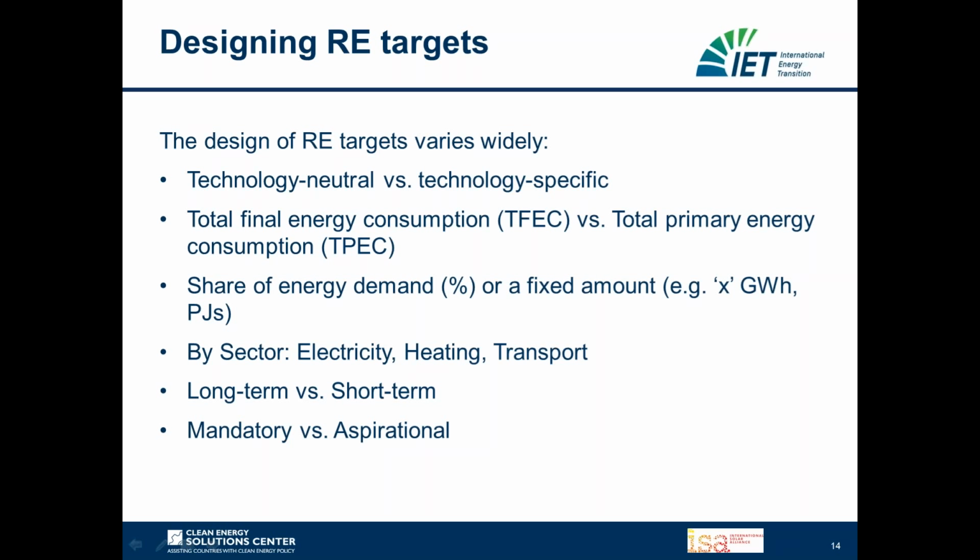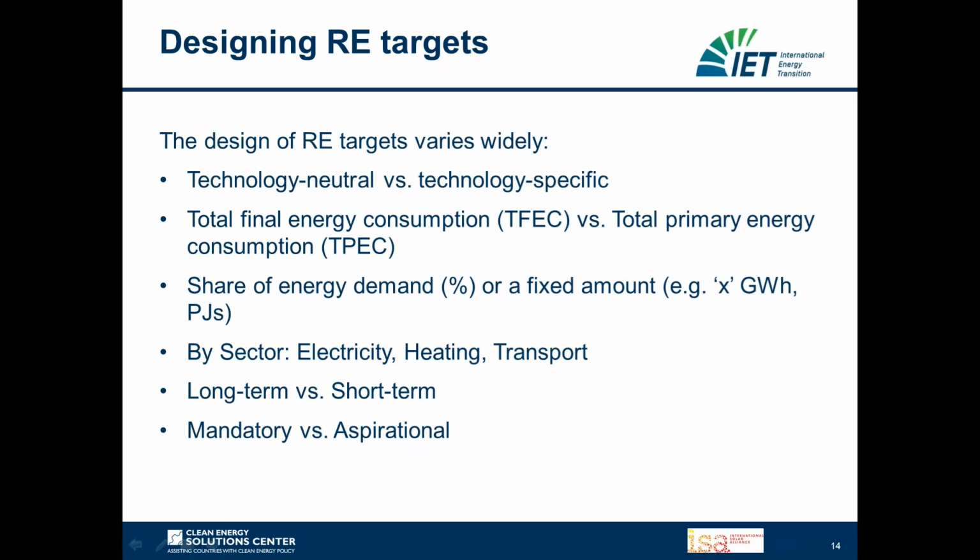Because as we all know, investment decisions in renewables are very long-term. Power plants can operate 20, 30, 40 years. So knowing about the electricity mix in 20, 30 years from now is very crucial for long-term power market planning. And then, of course, you can make renewable energy targets mandatory.